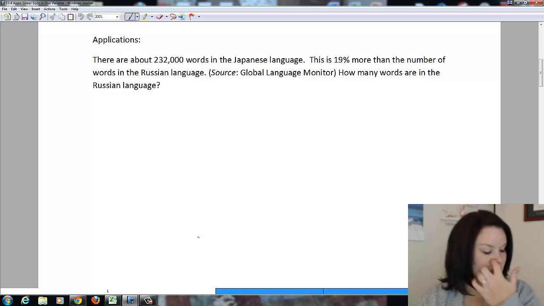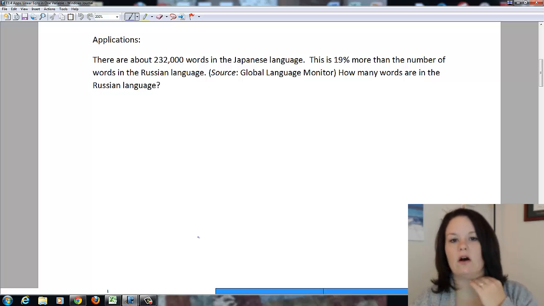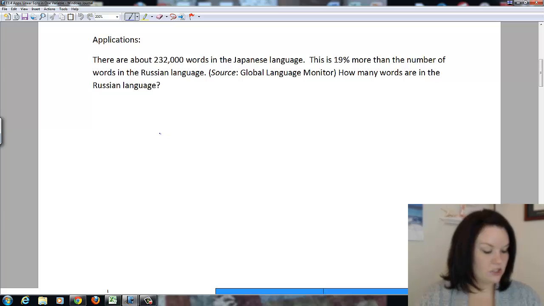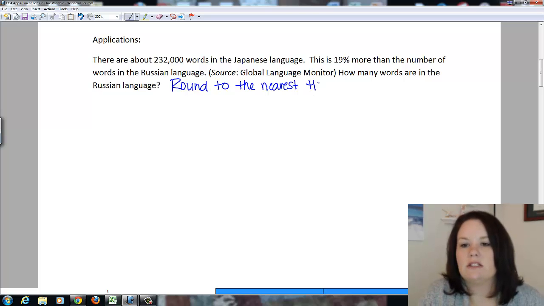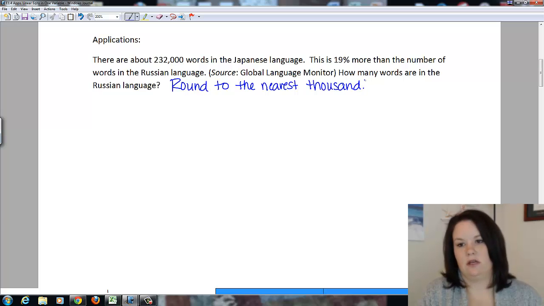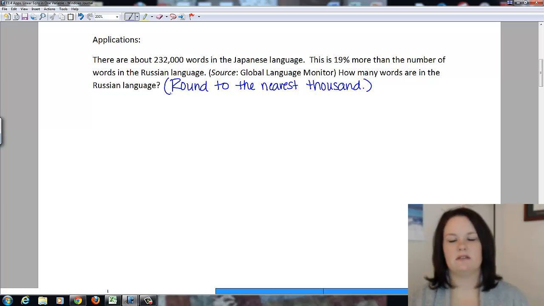For this one, since we're solving for how many words there are, I'm going to say round to the nearest 1,000, because some of these answers come out to decimals that repeat and whatever. So I'm going to go ahead and just state how we want the answer.